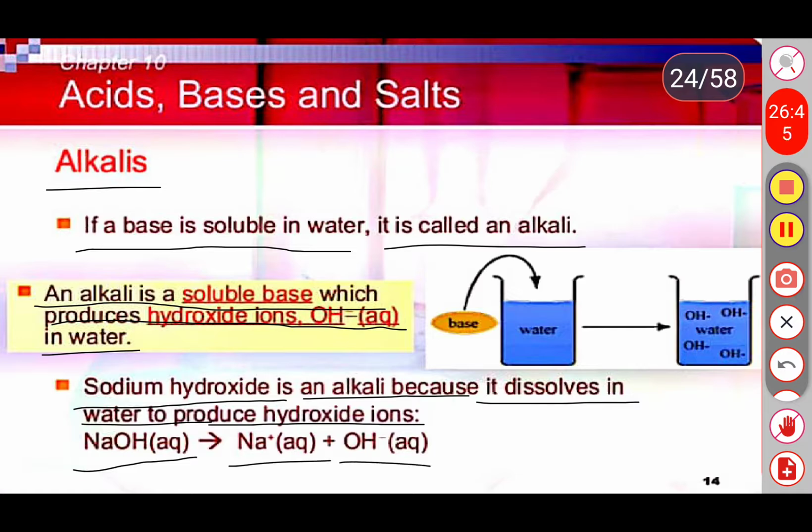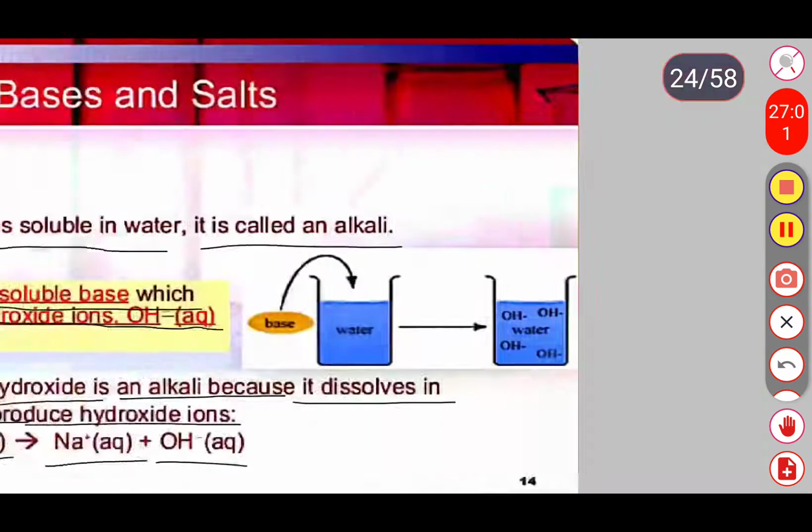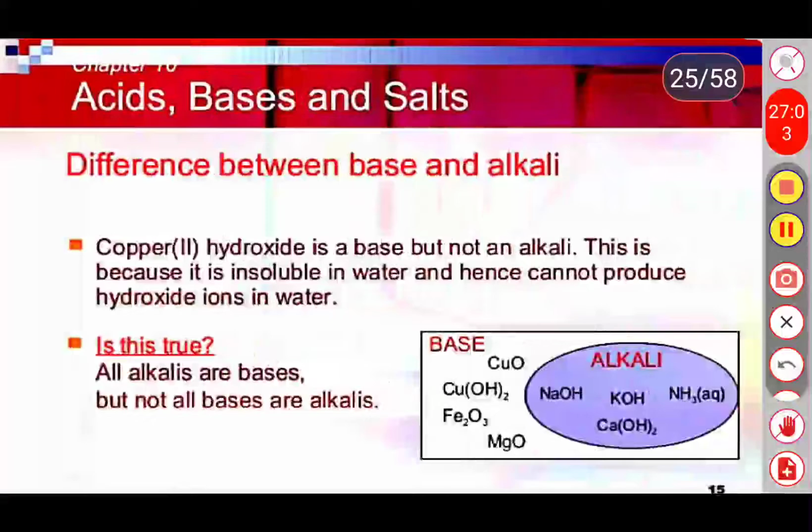See the next one, differences between bases and alkalis. Copper hydroxide is a base but not an alkali. How can you justify the statement? Copper hydroxide is a base but not an alkali.